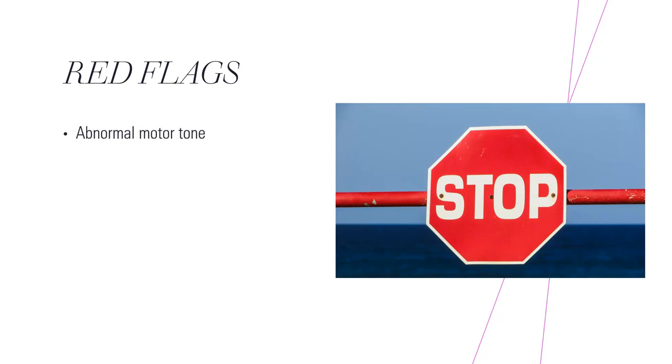Oh, there we go. Abnormal motor tone is a common finding in patients taking antipsychotic medications. They may have EPS symptoms, dystonia, akathisia, Parkinsonism. If these findings are noted without a known precipitant, then they should be referred out to neurology for a further workup.